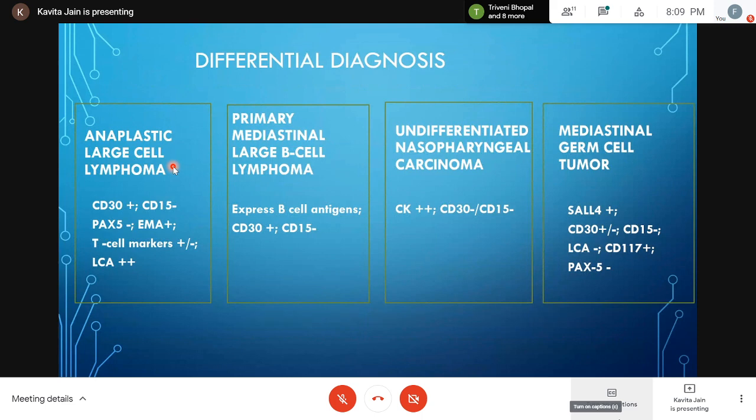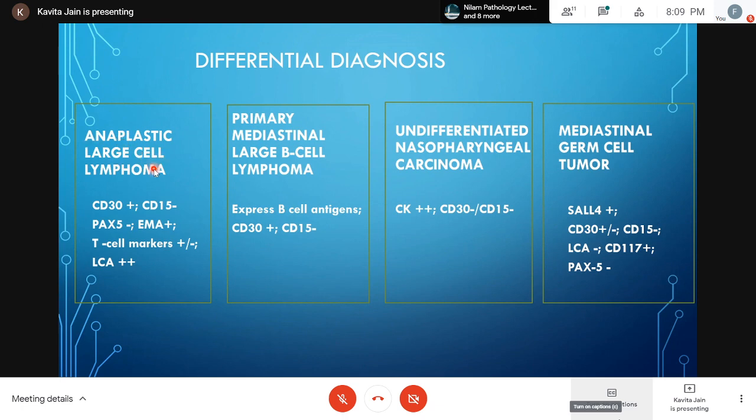We have anaplastic large cell lymphomas. Those entities which can be CD30 positive and which have a mediastinal mass include primary mediastinal large B-cell lymphoma. So as the name suggests, this will also have B-cell antigens, so of course it is easy to diagnose.